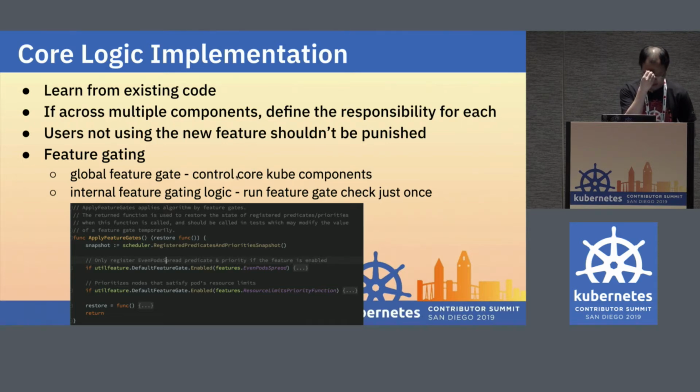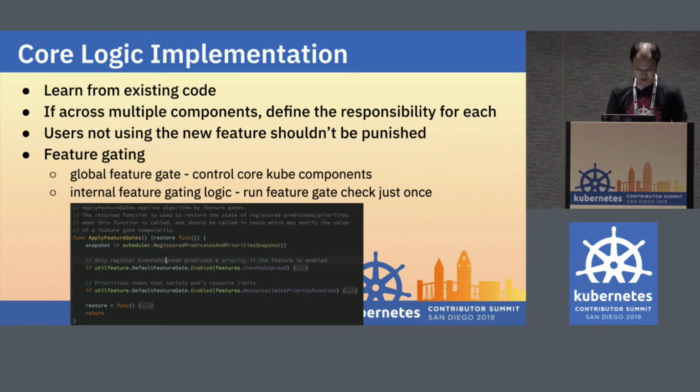And another thing is about feature gating. You know that we have user-provided feature gates, which you can enable or disable upon the start of the component. I also want to mention that internally, we can have this kind of mechanism.